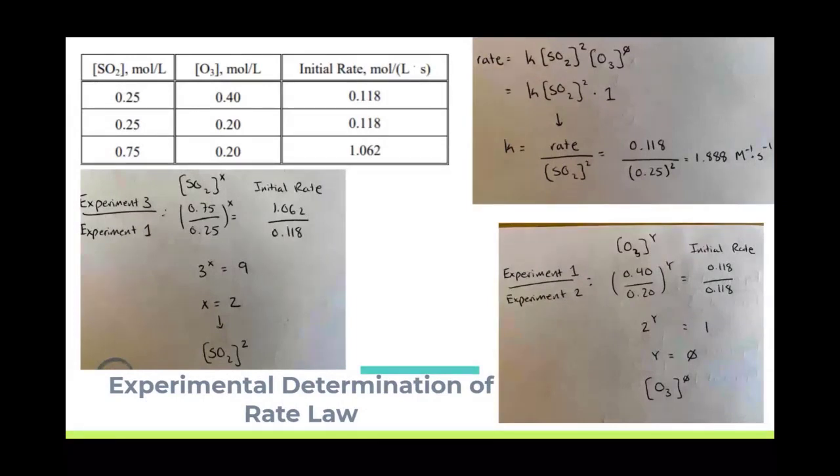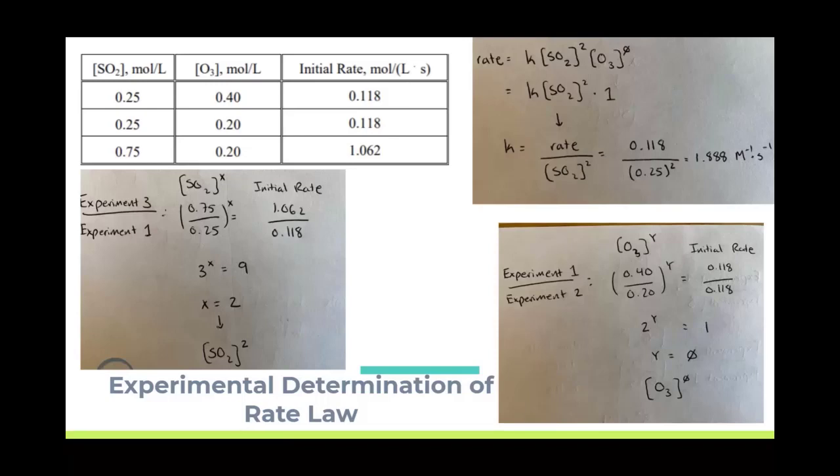Okay, so running through how to do this. As we're trying to figure out the rate law, just look at the table for now. I know the work is kind of overwhelming a little bit, so let's look at the table in the upper left for now. Whenever we look at a couple of the experiments, we want to see how changing the concentration of just one reactant will change the rate.